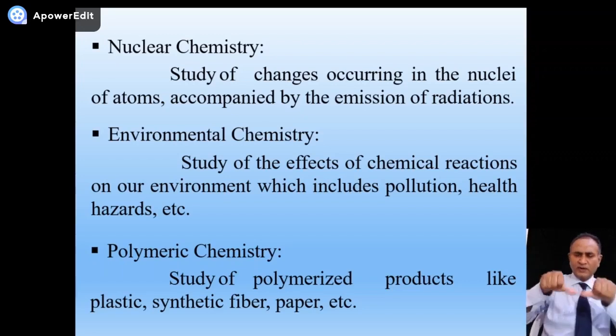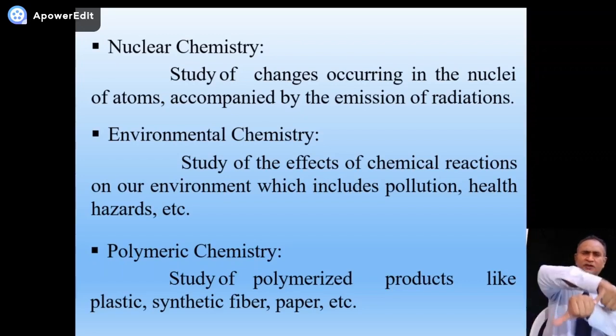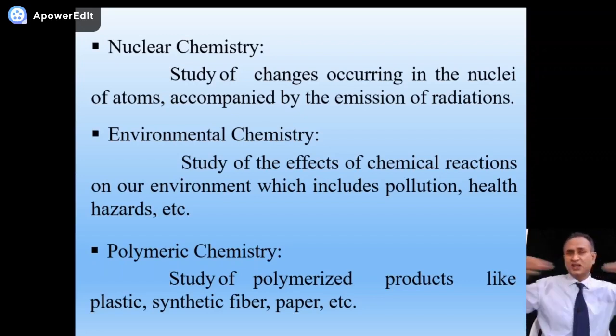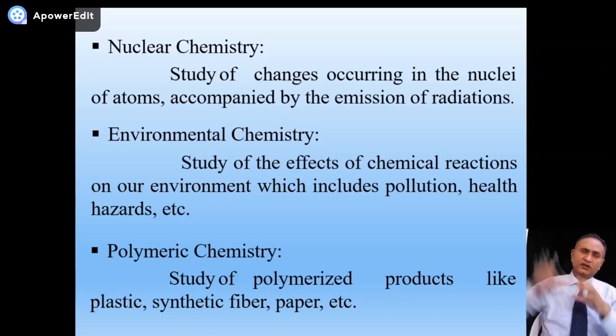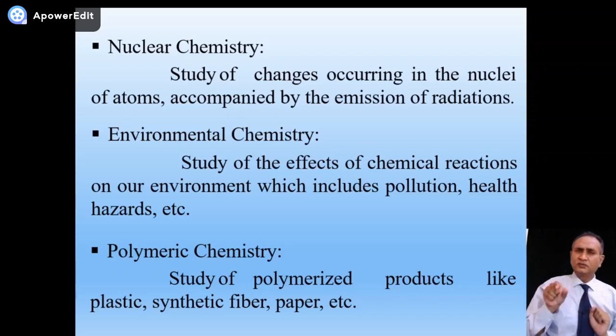So one monomer combines with another monomer, with the third one, the fourth one, the fifth one, like a chain, hundreds and thousands. Small molecules, monomers, combine together to form a bigger molecule. This process is called polymerization, the product is called a polymer, and its study is called polymeric chemistry. What are the products? PVC, polyvinyl chloride.